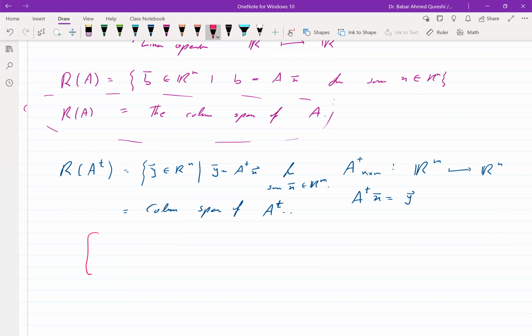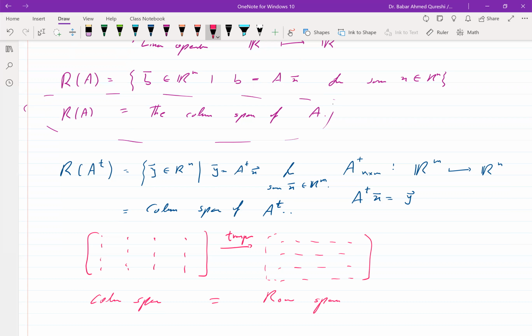But obviously, if I consider these columns and consider their column space, which is just the linear combination of these columns, this would be the same as if I take the transpose, where columns are changed into the rows. So the column space here will be equal to the row space here, because you're making the linear combination of the same vectors.